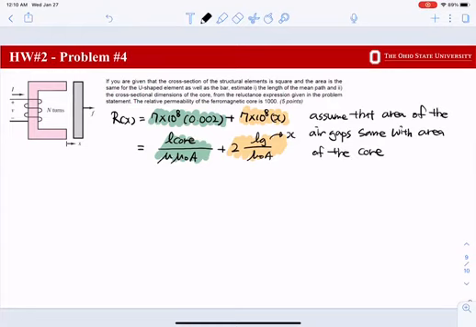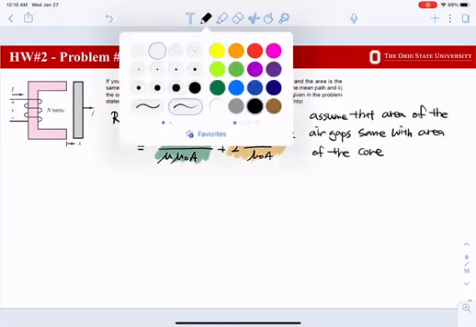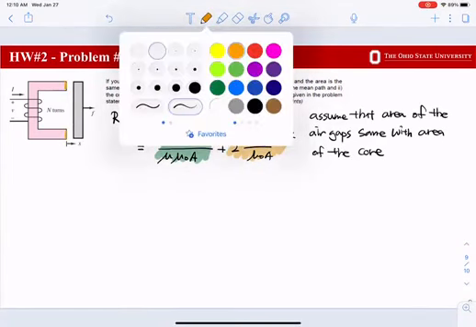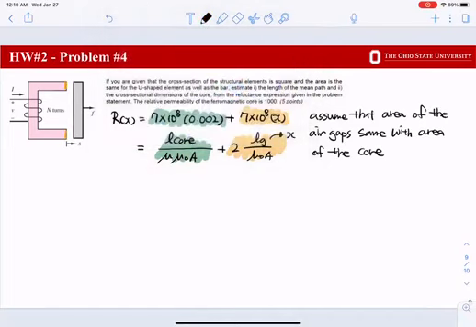So we can just use the same area. That means 7 times 10 to the 8 x is equal to 2x over mu 0 A, right? So here x cancels out.